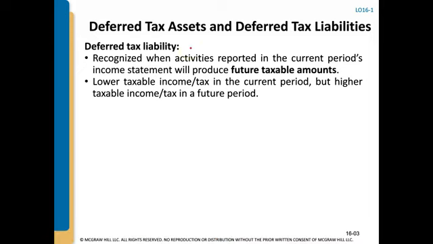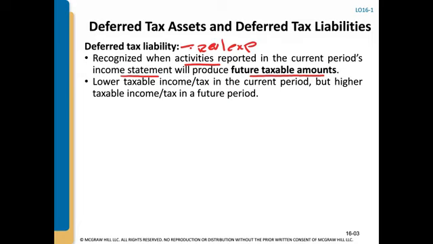We have deferred tax liabilities, which are recognized when activities, meaning revenue or expenses, are reported in the current period's income statement, which means financial reporting, and will produce future taxable amounts.